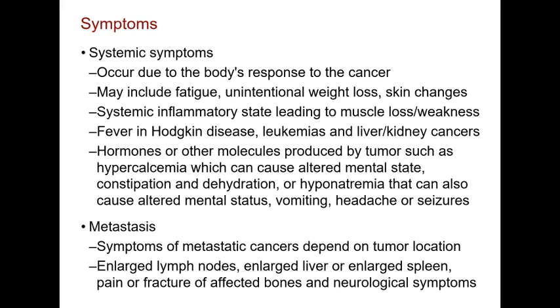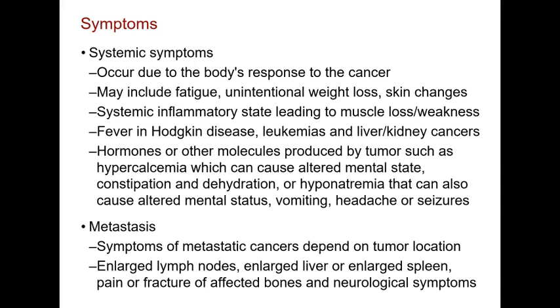In certain cases, hyponatremia can occur due to release of certain hormones and molecules. Hyponatremia means decreased concentration of sodium in blood. So when this happens, there is again altered mental state, vomiting can happen, and headaches and seizures can also occur.